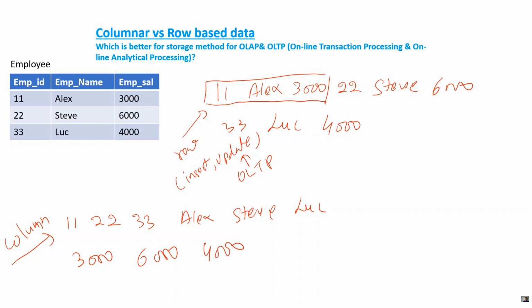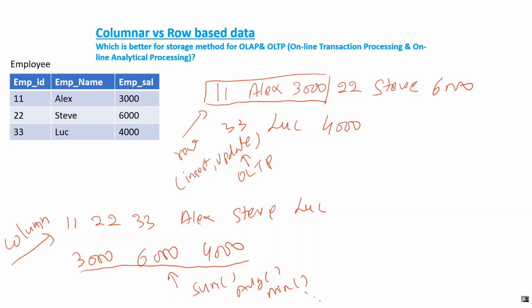The advantage of this columnar format is that, let's say tomorrow we are doing some kind of analytics on top of this data. For example, a scenario comes where business users or the IT team are interested in getting the total salary of the employees. Then what will happen? You can go to this column and add all three values, or apply any aggregation function, whether it's sum, average, min, or max.